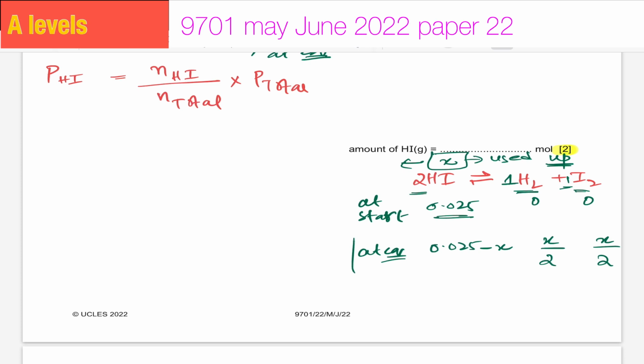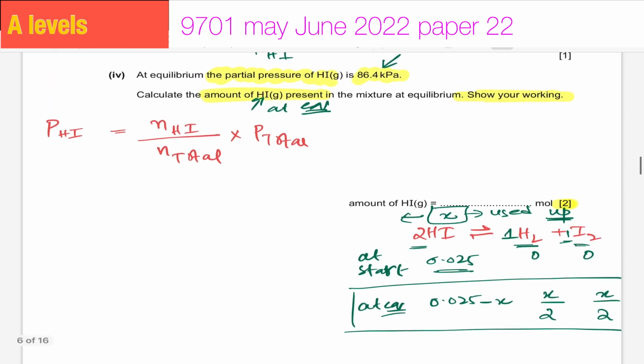So now we have the moles at equilibrium, with the help of a small assumption. Now we just have to find the value of X, and then we can easily calculate the moles of hydrogen iodide at equilibrium.